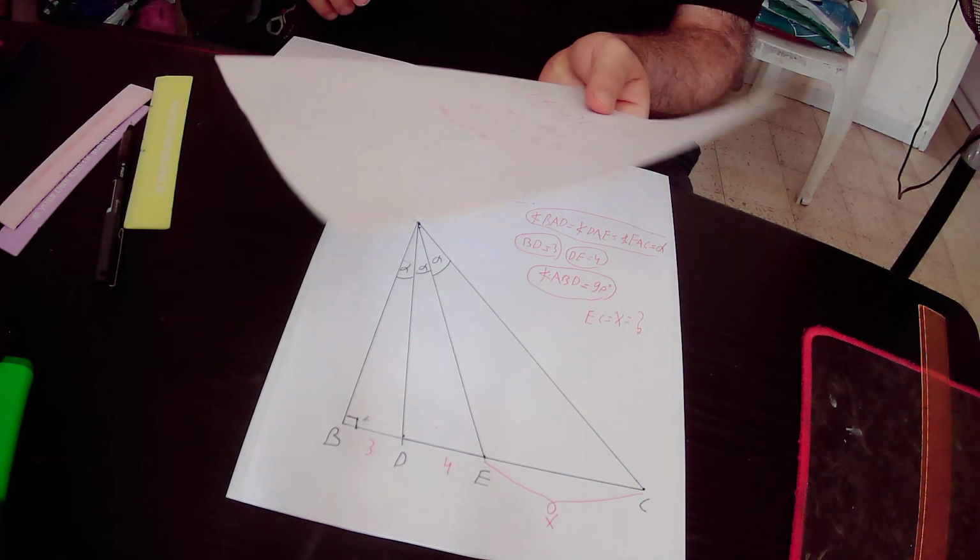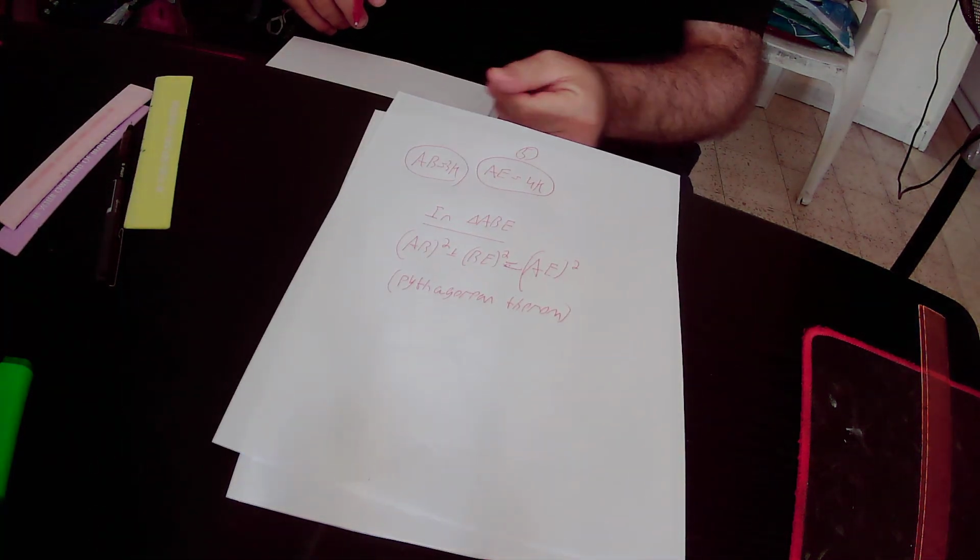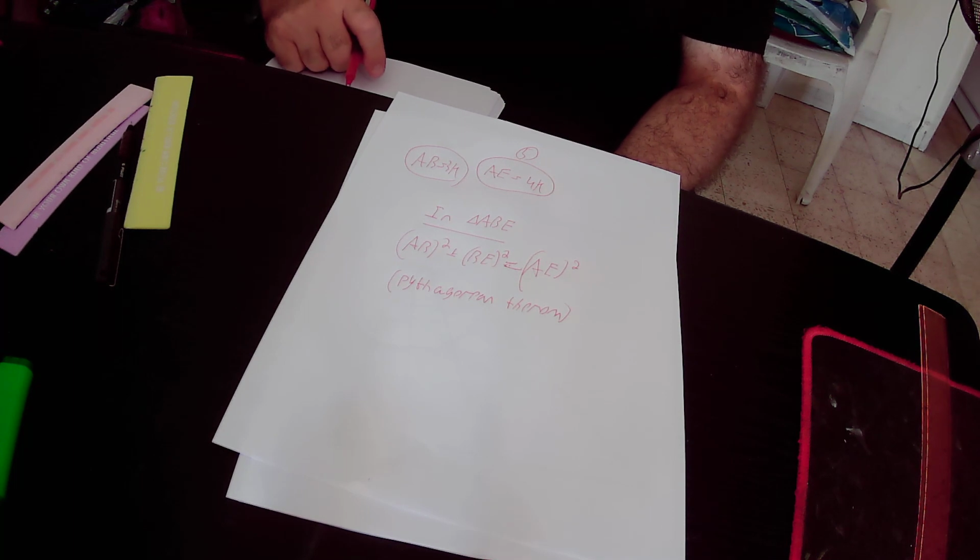Again, according to the Pythagorean theorem, AB square plus BE square equals AE square.